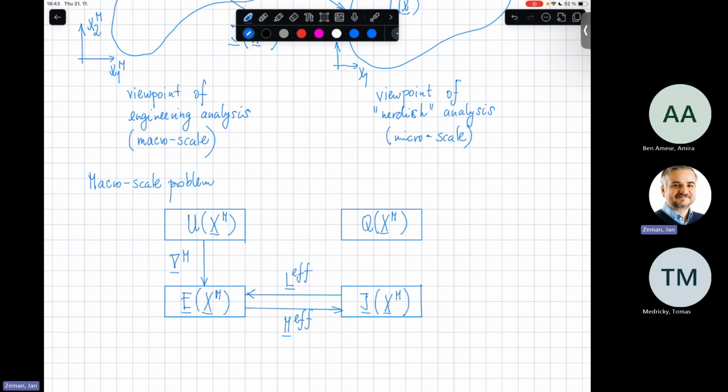Okay, and here again this is related. Sorry, there should be this minus again for aesthetic reasons. And here I will have that micro divergence.